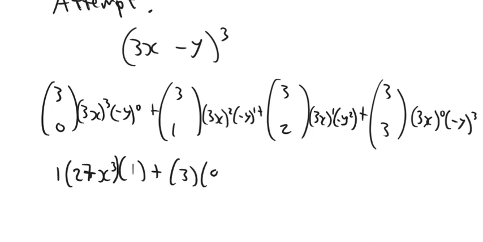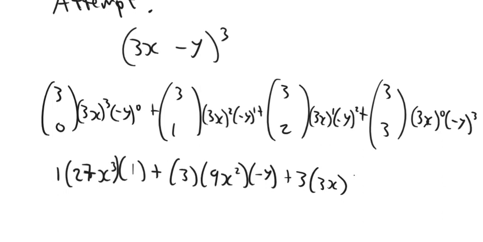This will be 9x squared, and it's times by minus y. 3 choose 2 will also be 3, times by 3x, and times by, I made a little mistake in there, so that square should really be outside, so minus y squared.